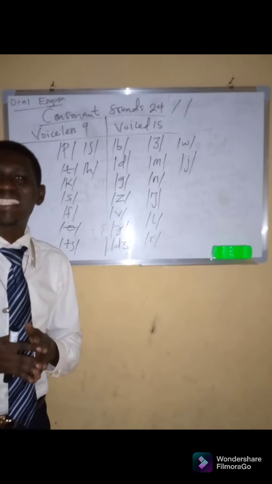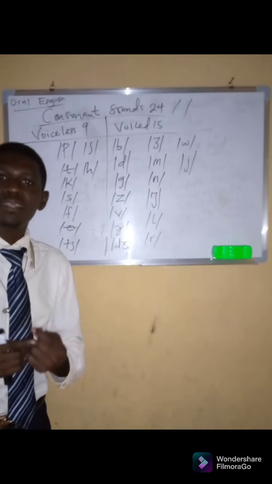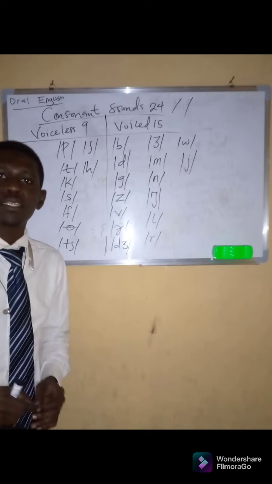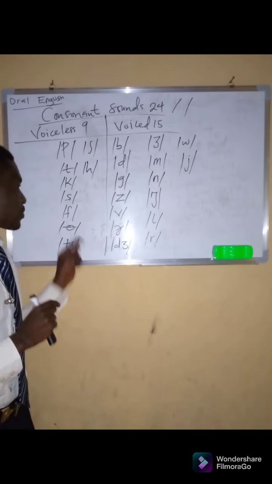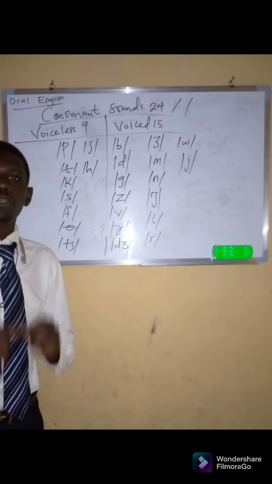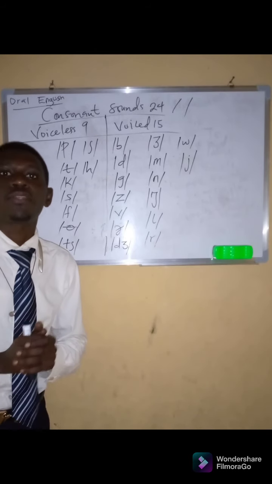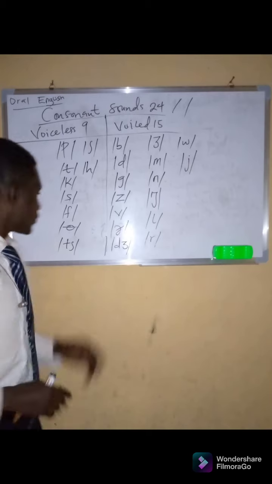Teeth, not tees. As you can see, if I say it wrongly, the tongue is inside. But for you to pronounce the word correctly and the sound accurately, you have to place your tongue in between the upper and the lower teeth, as in teeth.